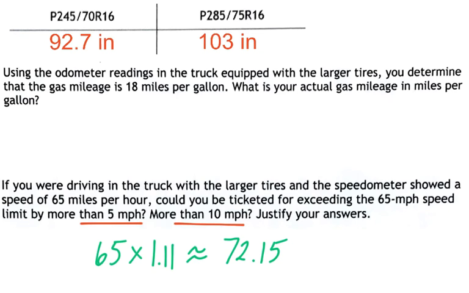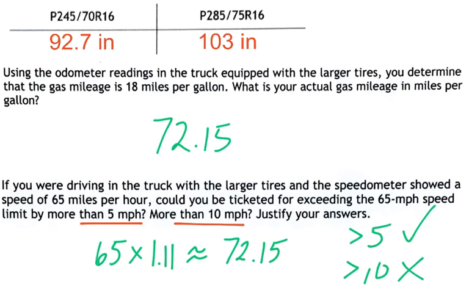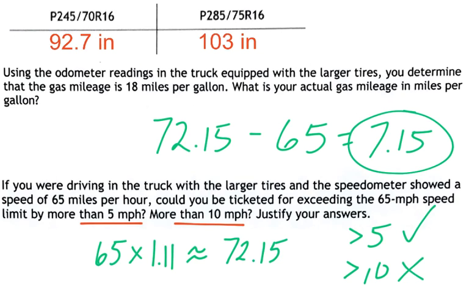So yes, you can be ticketed for going more than 5 miles per hour. That's a yes, but you cannot be ticketed for going more than 10, because 65 away from 72.15 is less than 10, but it's more than 5. So here that 7.15 over the speed limit is more than 5 miles per hour, but less than 10.